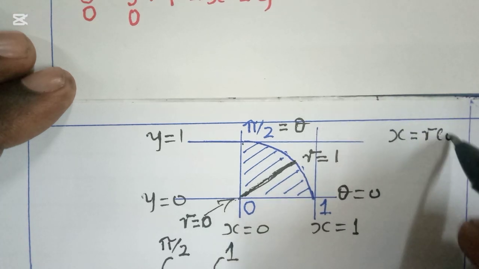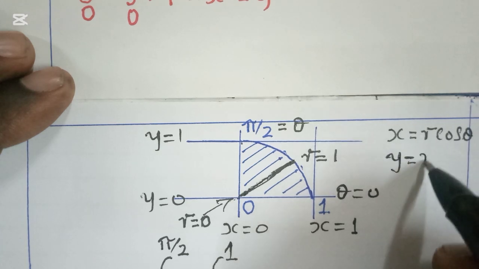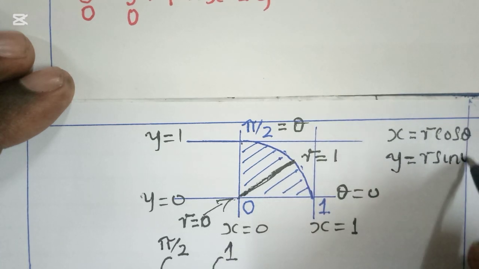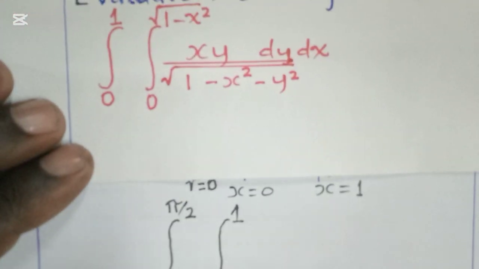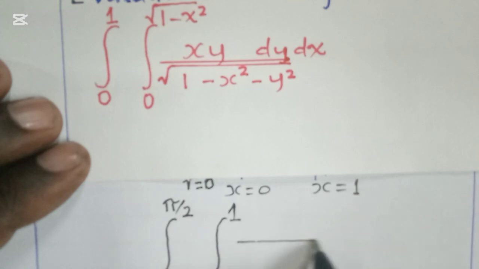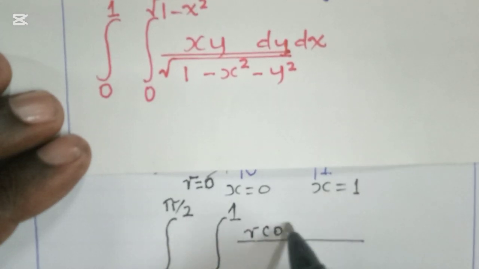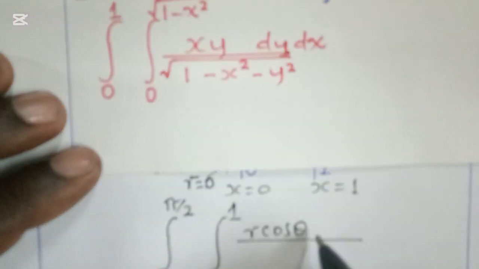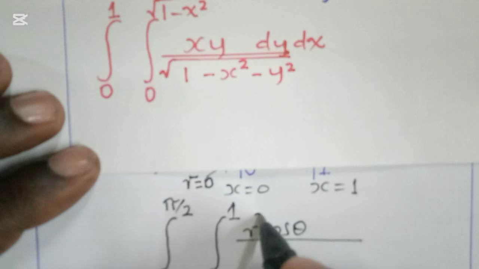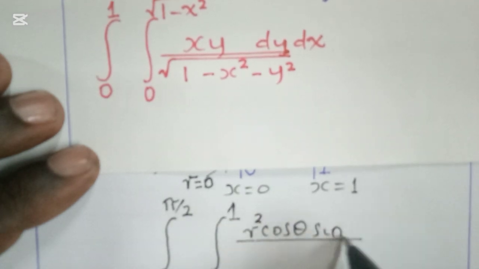But before that, x is given by r cos theta, and y is given by r sin theta. So we replace that. Our x is r cos theta, our y is r sin theta. I can put this r here so that this one becomes r squared sin theta.